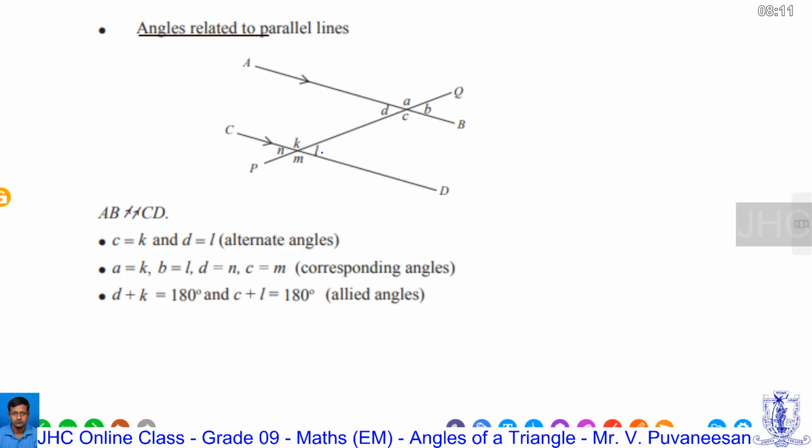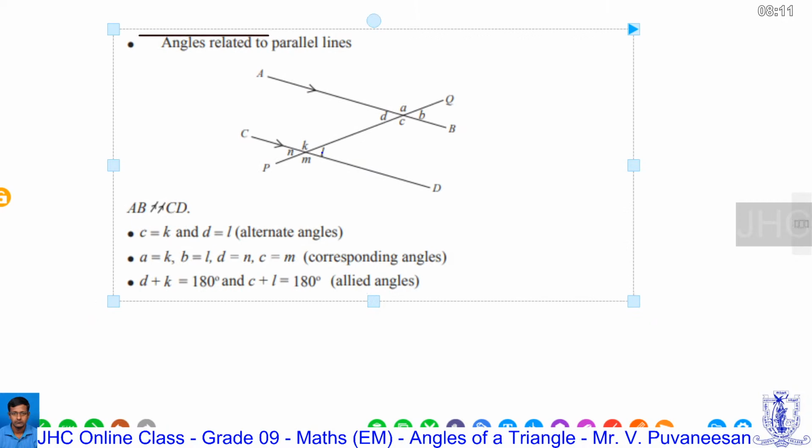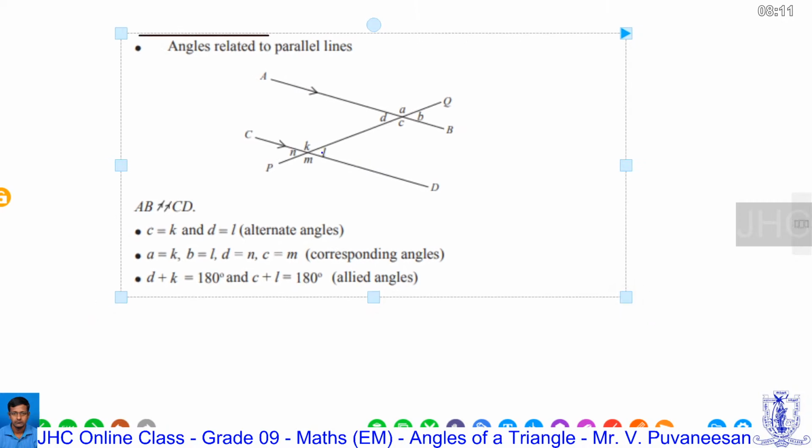We call the line intersecting two lines AB and CD a transversal, PQ. There are a lot of angles. We named them A, B, C, D, K, L, M, N. Here AB is parallel to CD.